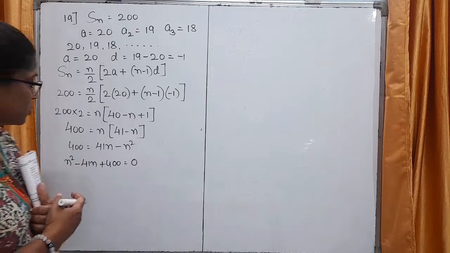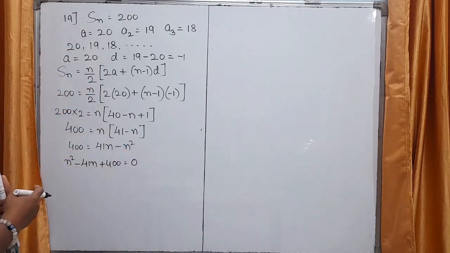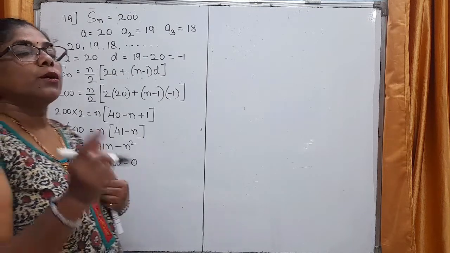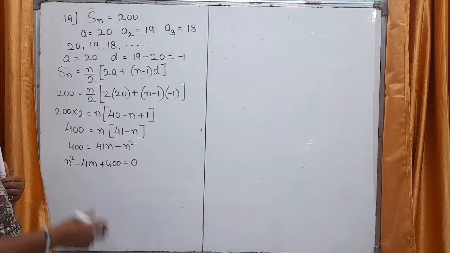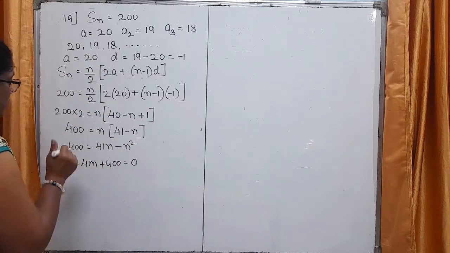Now this is our equation where the product is 400 and the sum is 41. So what are going to be our numbers? Here the numbers are 25 and 16. 25 into 16 we get 400, and 25 plus 16 is 41.